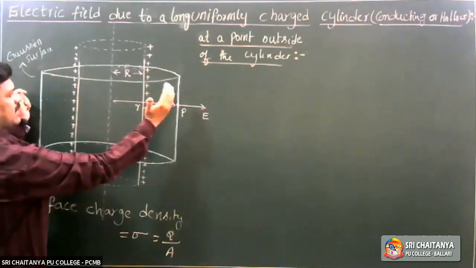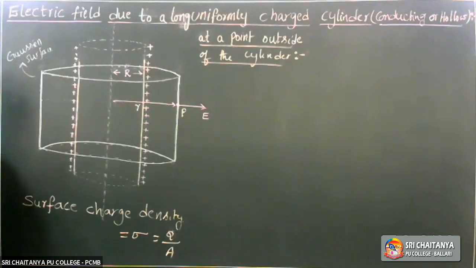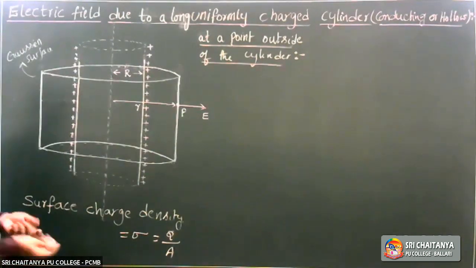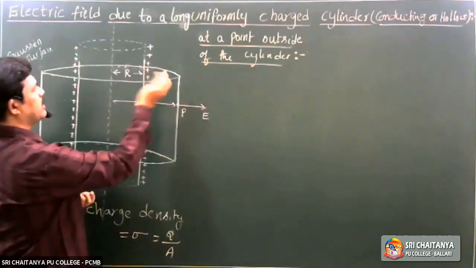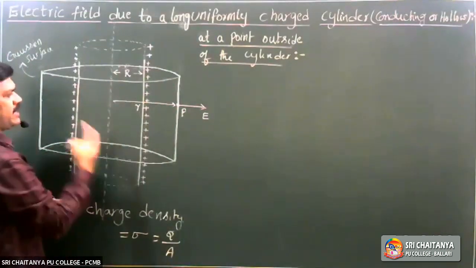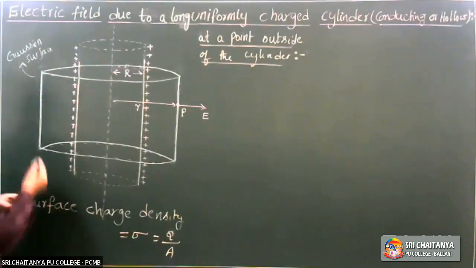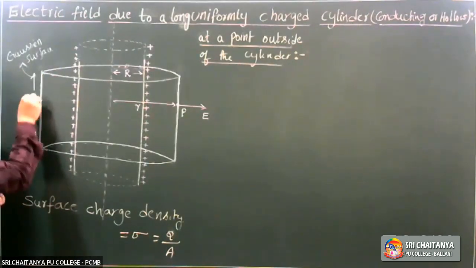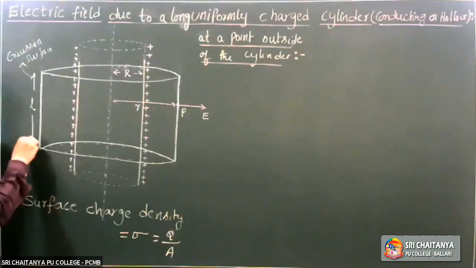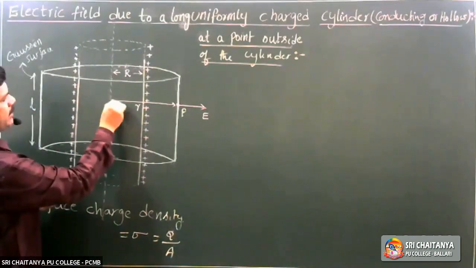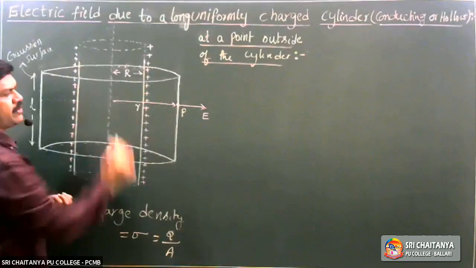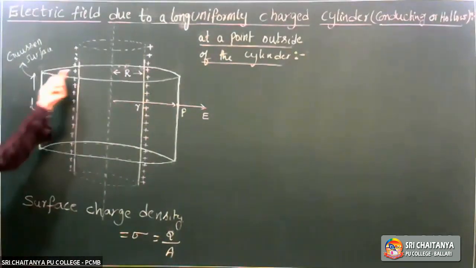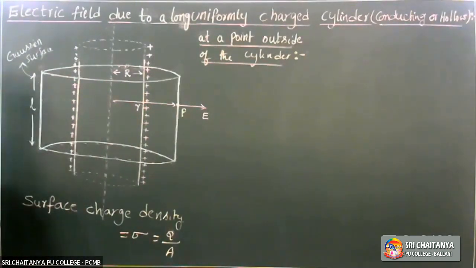So the Gaussian surface comes like a cylinder as shown in the figure. Second step completed. Then what is the third step? Whenever this Gaussian surface is like a cylinder, let its length be L. And what is the radius of the Gaussian cylinder? r is the radius of the Gaussian cylinder.